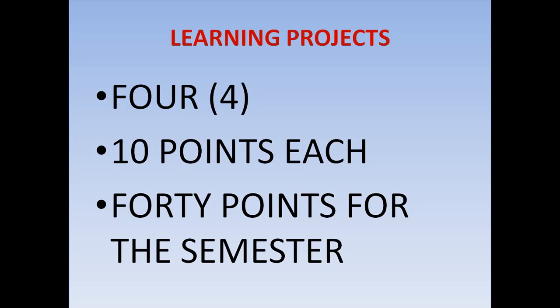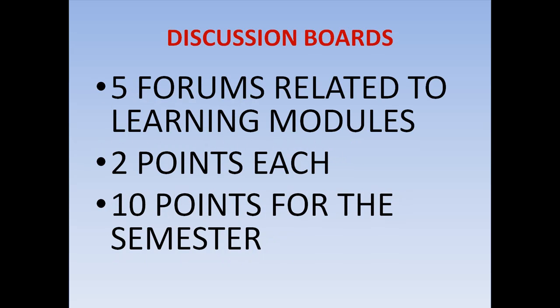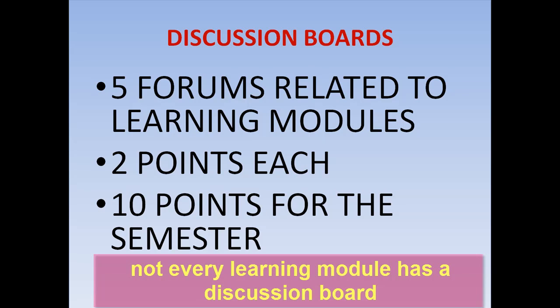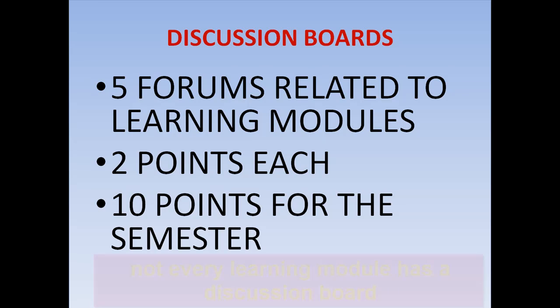In the aggregate, the learning projects have a value of 40 points for the semester. There are 5 discussion forums. These discussion forums are related to the learning modules. They are worth 2 points each. And in the aggregate, the discussion forums have a value of 10 points for the semester. Please be mindful that not every learning module has a discussion board.